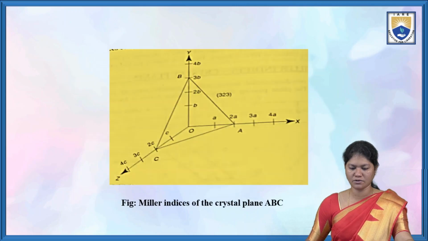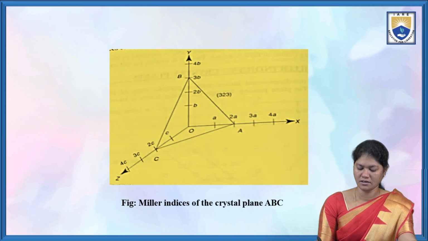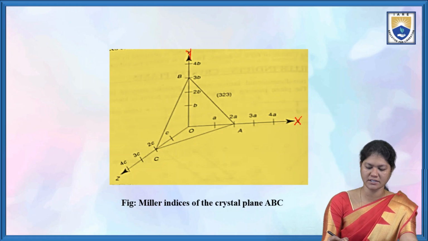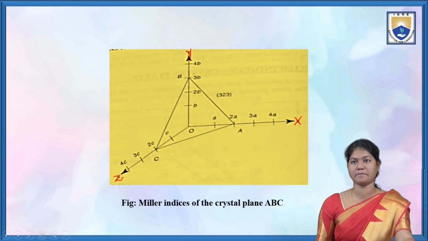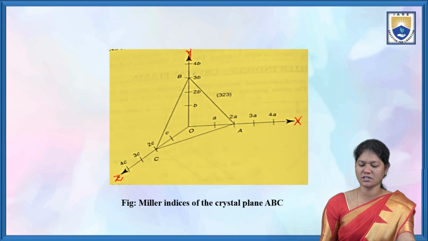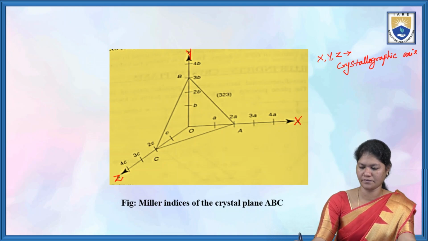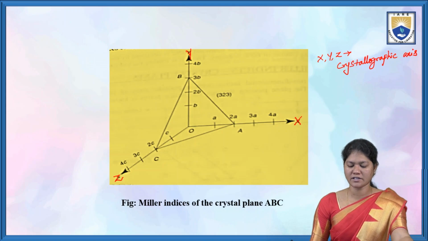So we can see this through a diagram. Here are the X axis, Y axis and Z axis. So X, Y, Z are the crystallographic axes.